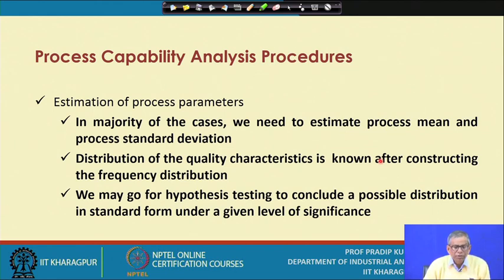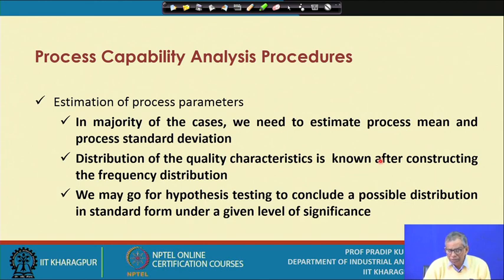Now while you estimate the process parameters, let us focus on estimation of the process parameters, like the process mean and process standard deviation. There are a few observations, a few conclusions we may make. In the majority of cases, we need to estimate the process mean and the process standard deviation.